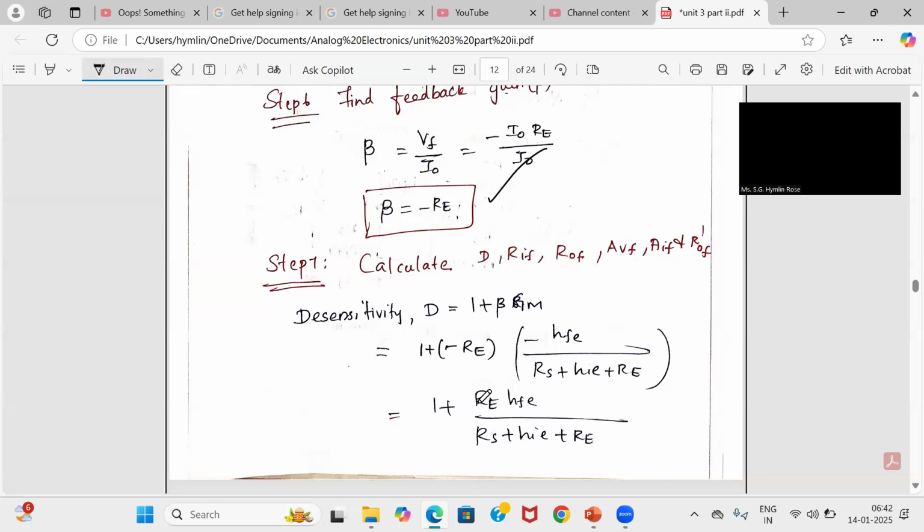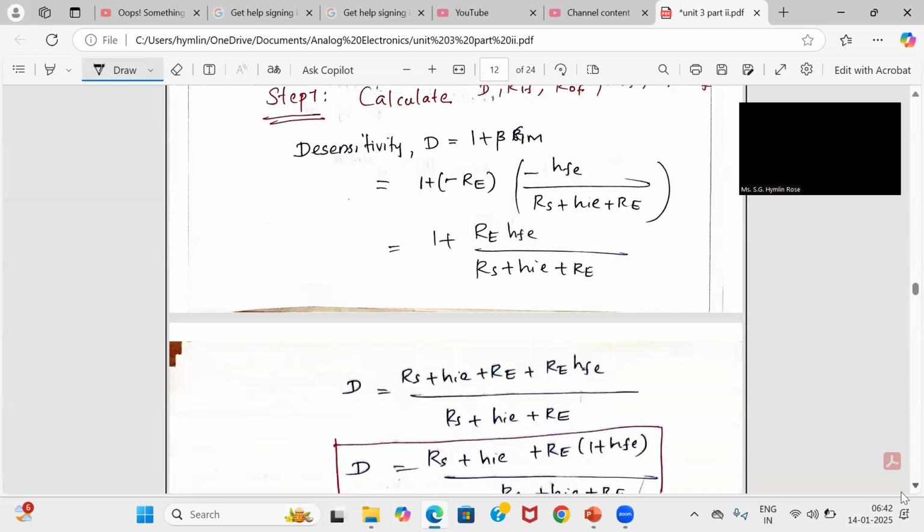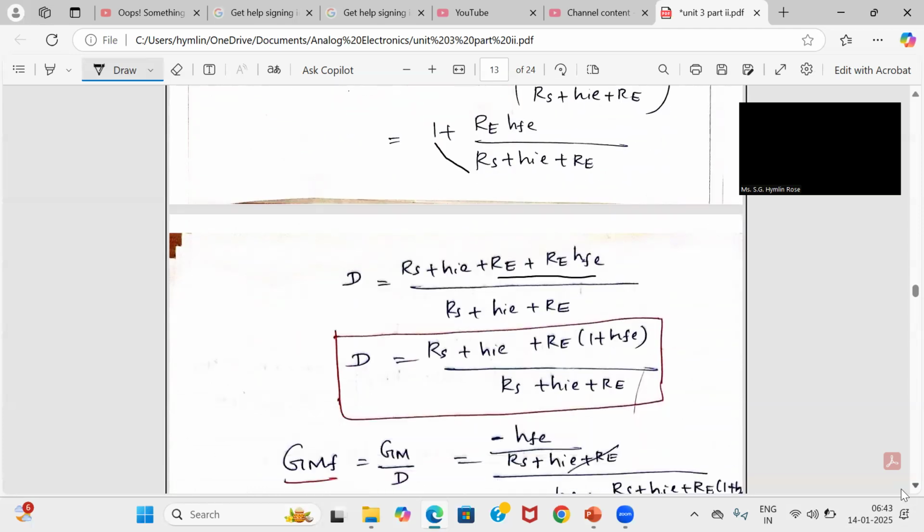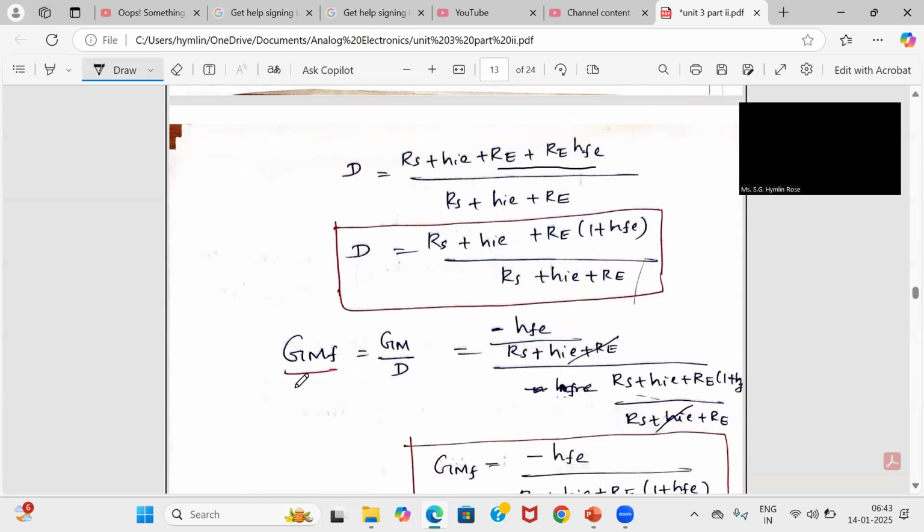So you have 1 plus RE HFE by Rs plus HIE plus RE, as per what you have calculated. Now just take the LCM and cross multiply, and you will obtain this equation. RE is common in these two terms, so plus RE into 1 plus HFE. So what is the gain with the feedback? The gain with feedback is GM by D.